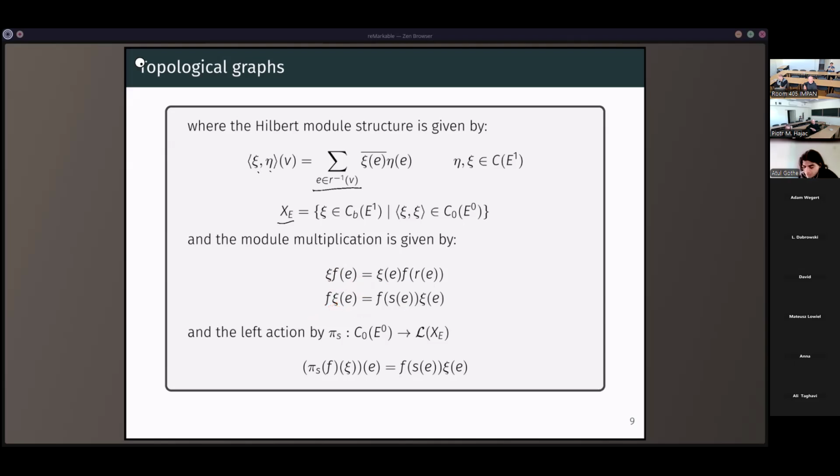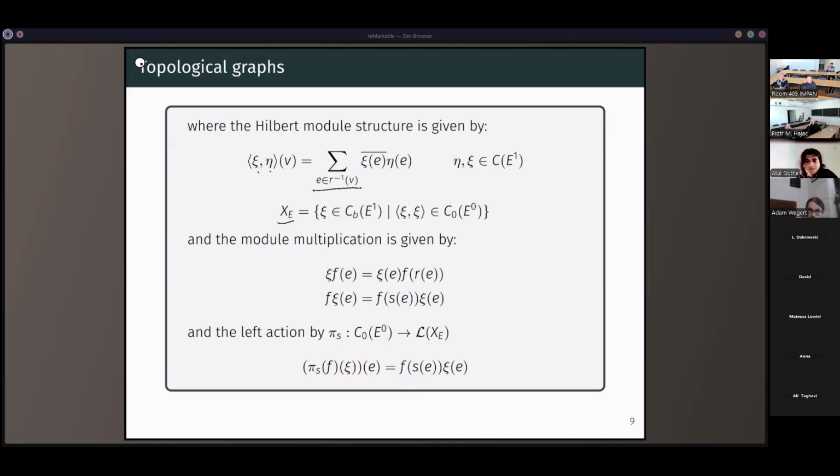So here we have a Hilbert bimodule structure: an inner product which takes values in C0(E0), and a left and right multiplication. The left action is just precomposition with source again. So we can define pi_S from C0(E0) to the bounded operators on this module by taking pi_S of f acting on xi, taking the pre-image with source.